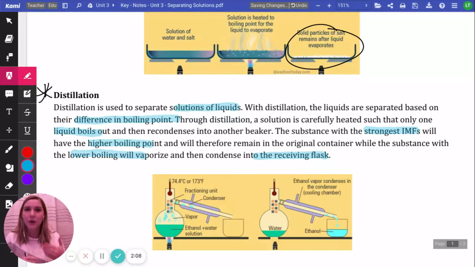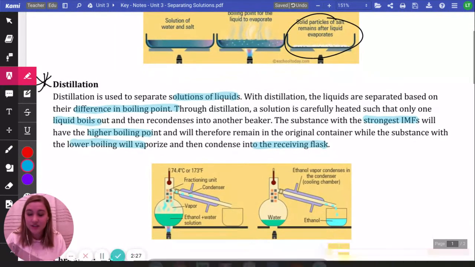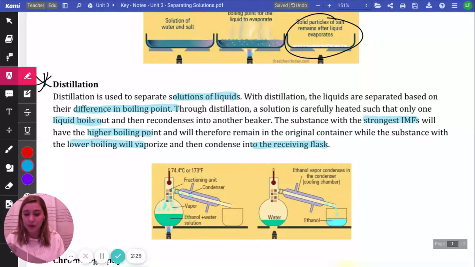So it is going to be really important that you not only understand that it's the lower boiling point that is in the new flask, but also that it has those lower IMFs. And be able to, if given two substances, determine which one is going to be in that flask, the first one to boil off. Okay, so that's distillation, just differences in boiling point.